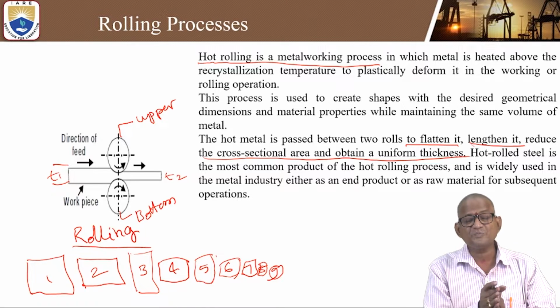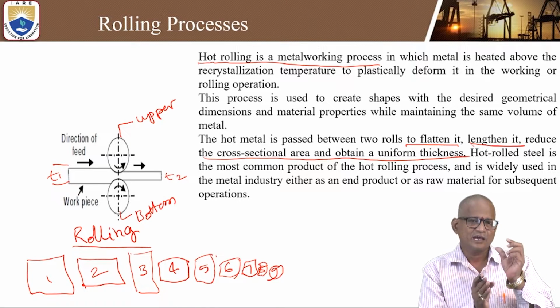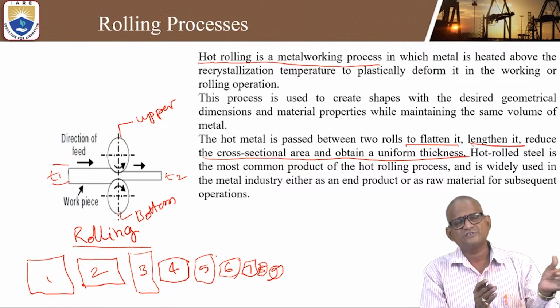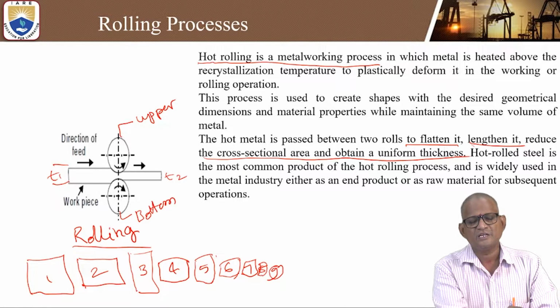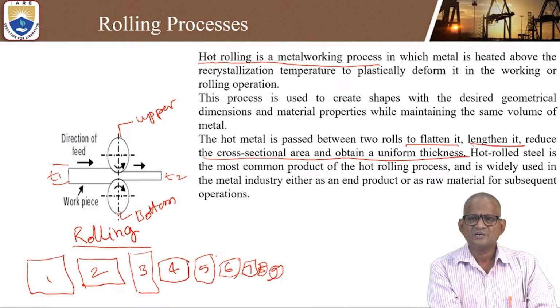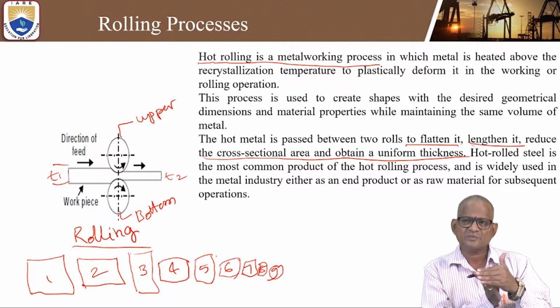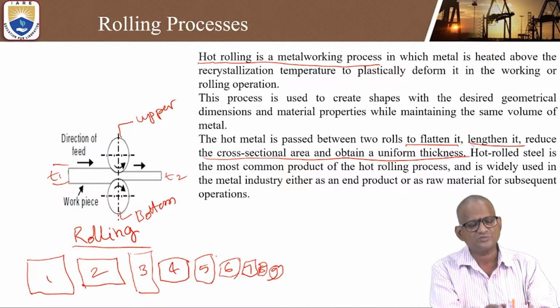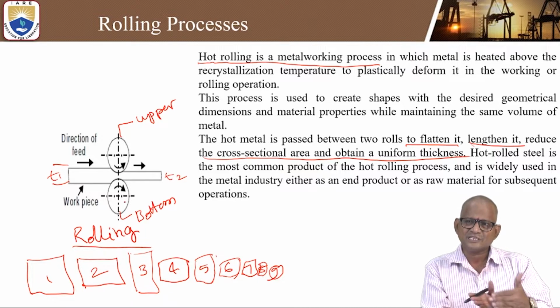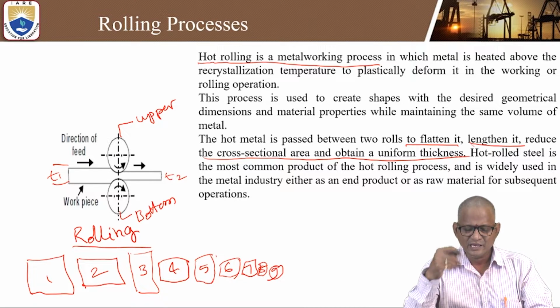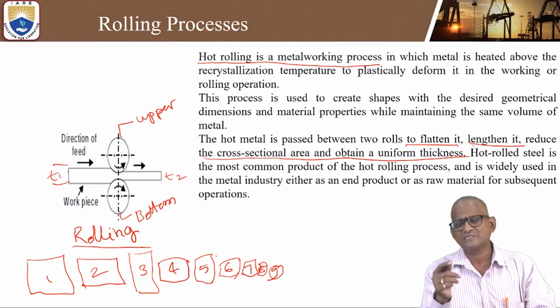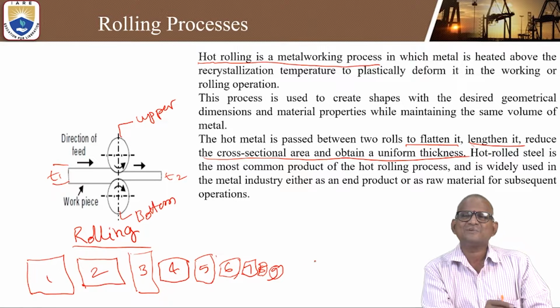Because hot metal is difficult for a human being to handle, that is why we have to take machines and cranes into consideration to feed it in between the rollers. When the hot metal is passed in between the two rollers, it can be flattened and lengthened and the cross sectional area reduced, with uniform thickness, and the number of passes can be increased.